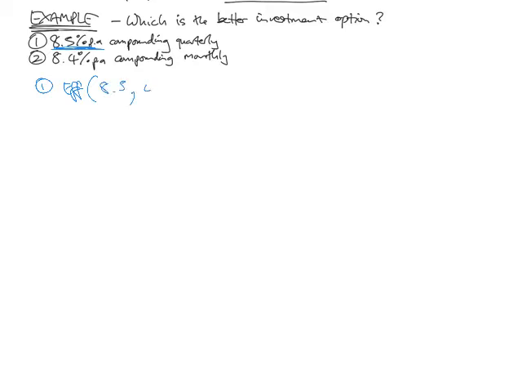Well, it's going to be 4. So 8.5 comma 4, end the bracket, press enter. That comes to 8.77% to 2 decimal places, and that's per annum. So that's what the interest rate of 8.5% per annum compounding quarterly would be if it was compounding per year. So let's say this is our apple, and we want to compare it to another apple by doing EFF again, but on the next one.